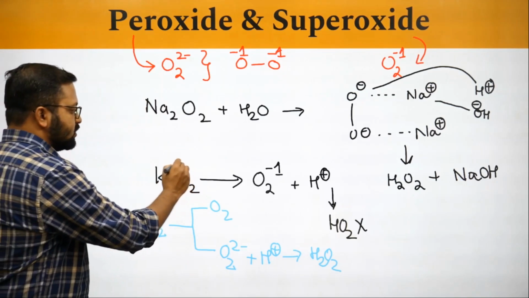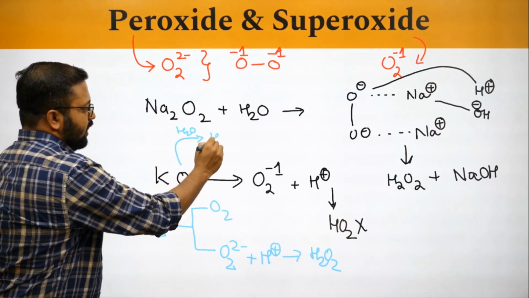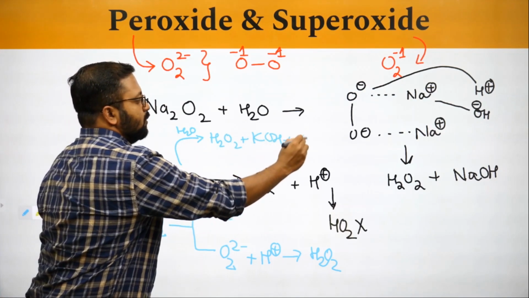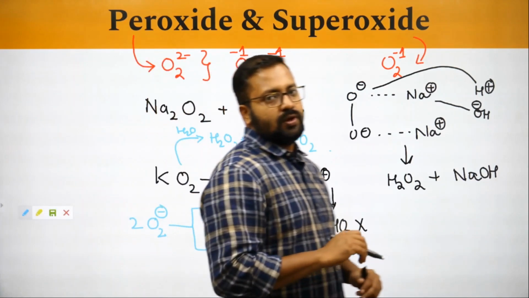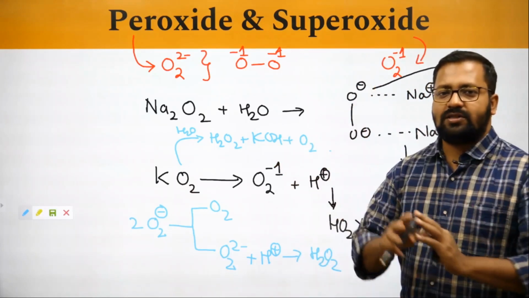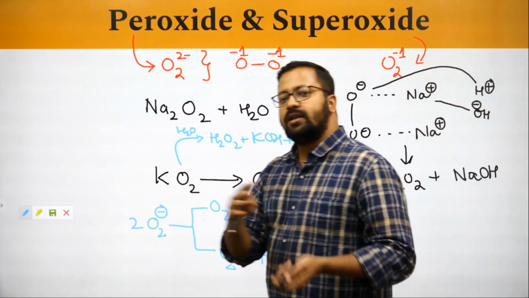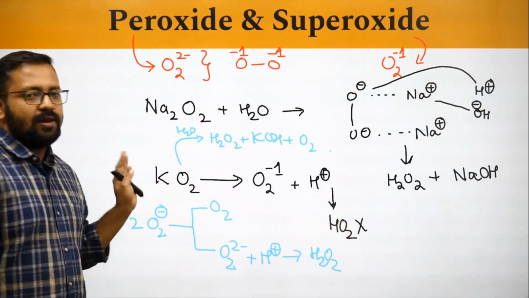So if you react this with water, the product would be H2O2, KOH plus O2, and पहले वाले में H2O2 and NaOH. Clear? Very simple reaction of oxide, peroxide and superoxide. इसके ऊपर हमेशा क्वेश्चन आते हैं and you can solve this very easily by remembering this simple funda.